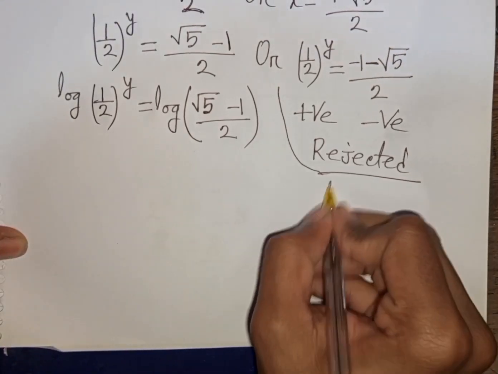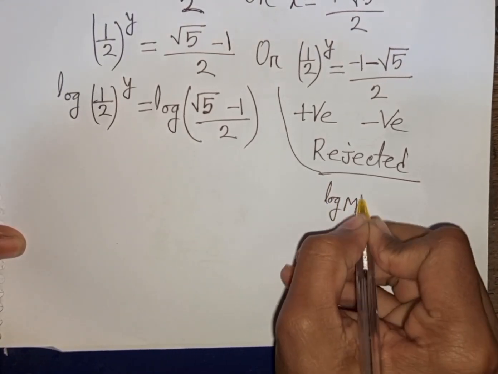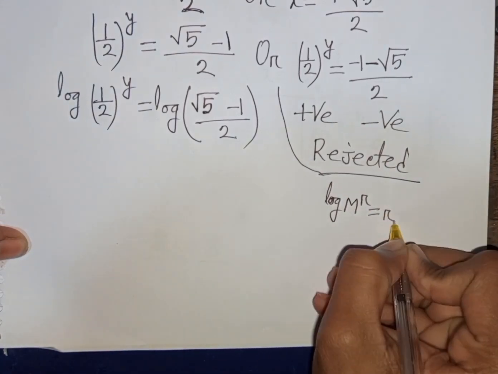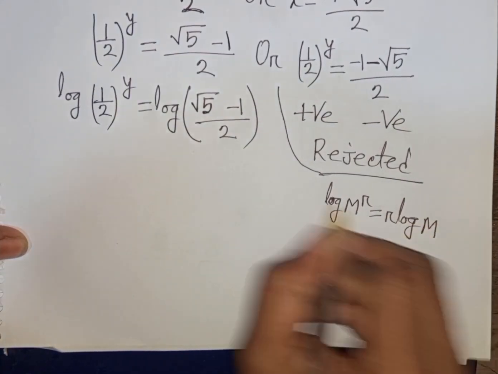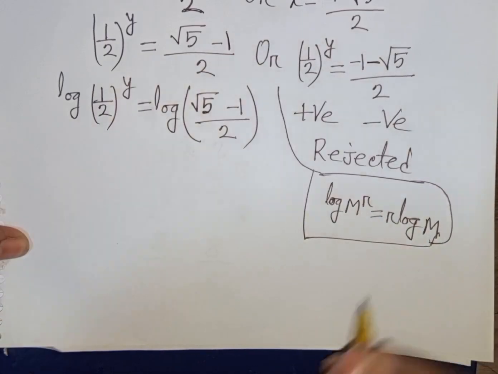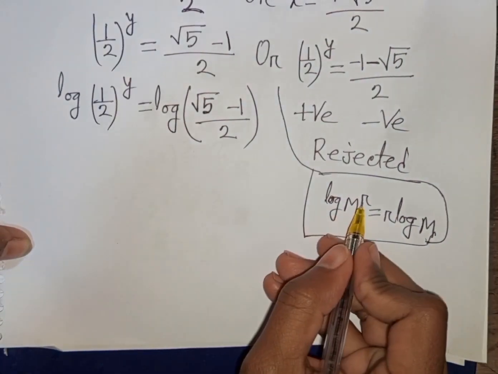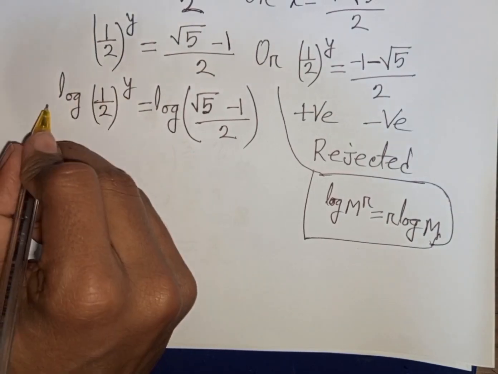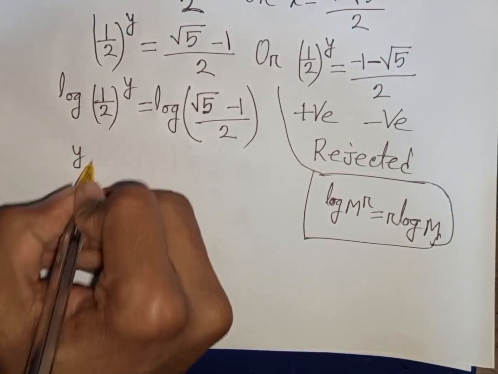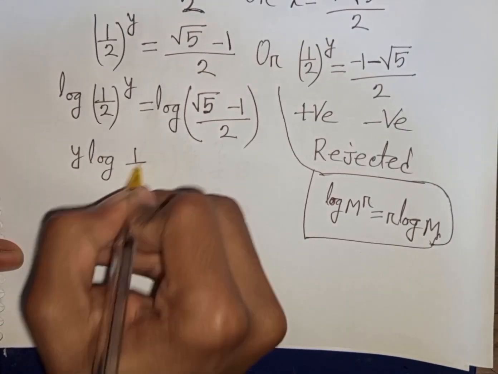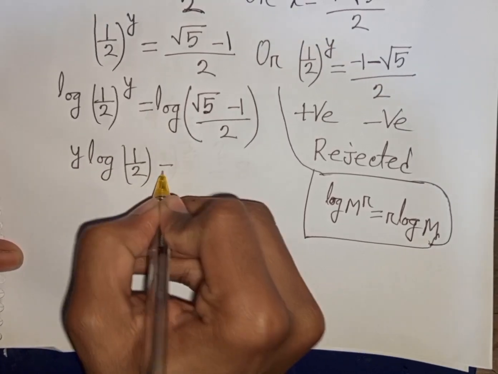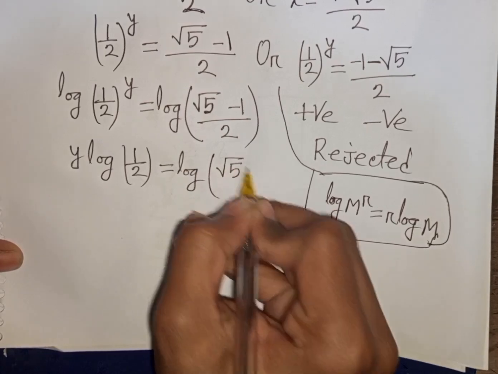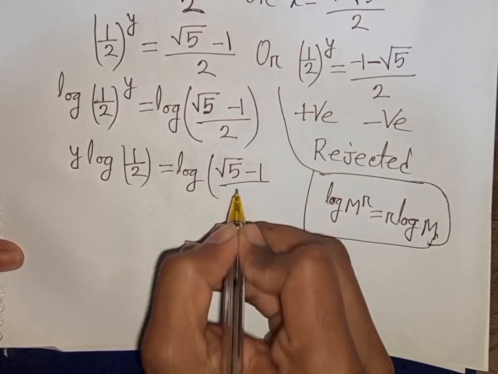So according to this rule, log m^r is equal to r log m, that means this power r moves to the front. So this power y will move to the front. So you can write y log(1/2) is equal to log of (square root of 5 minus 1) over 2.